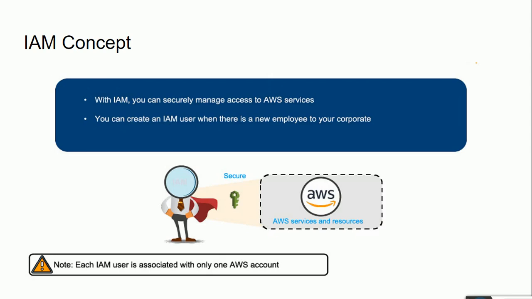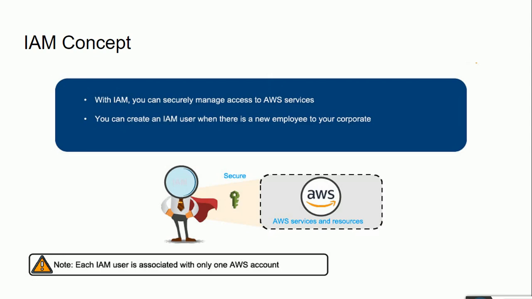You can create an IAM user when there is a new employee in your corporation. Whenever a new person is hired or selected for any XYZ position in our organization, then we can create a user and provide permissions to the user, limited to the role which he or she needs to perform.